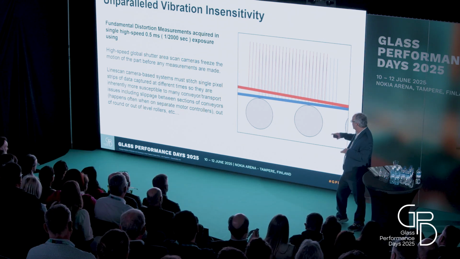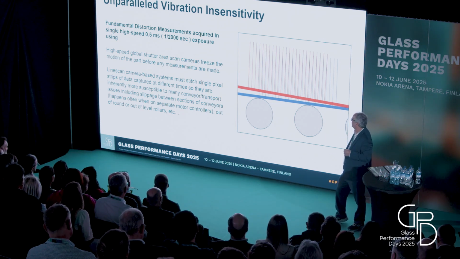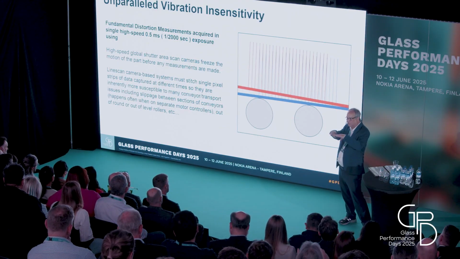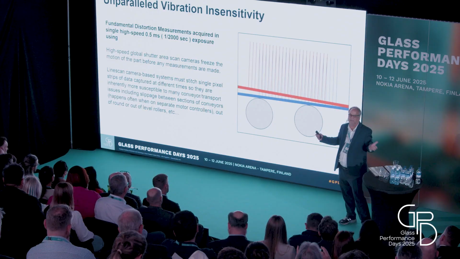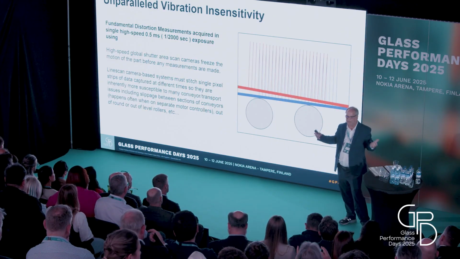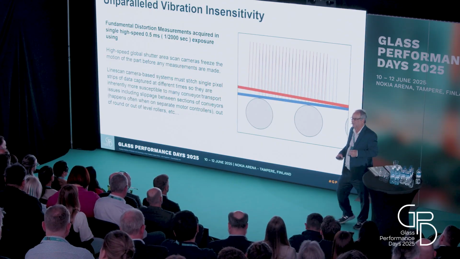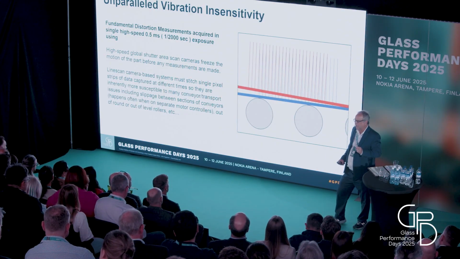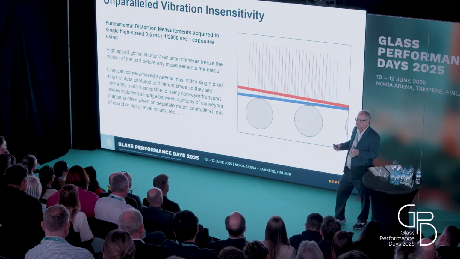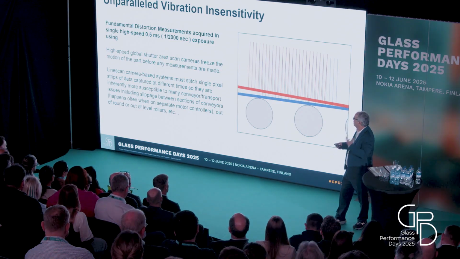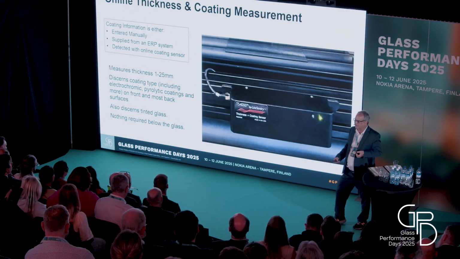So any susceptibility to conveyor transport issues, slippage between conveyors, out of height rollers, things that happen in real factories but maybe not in your lab system, is minimized. Since the system is taking a snapshot, these kinds of motions happen between those snapshots, which gives you unparalleled vibration insensitivity.